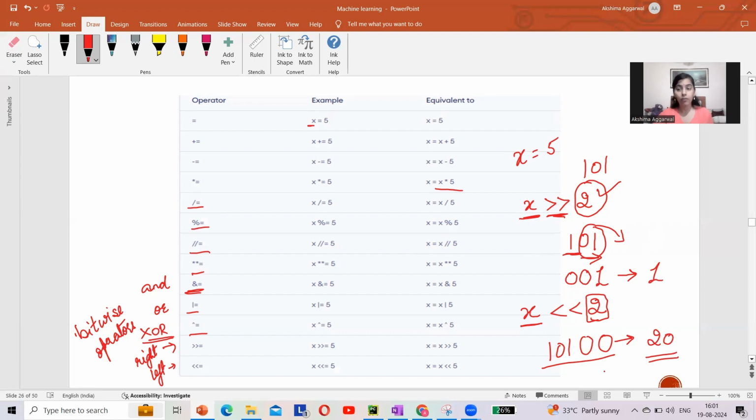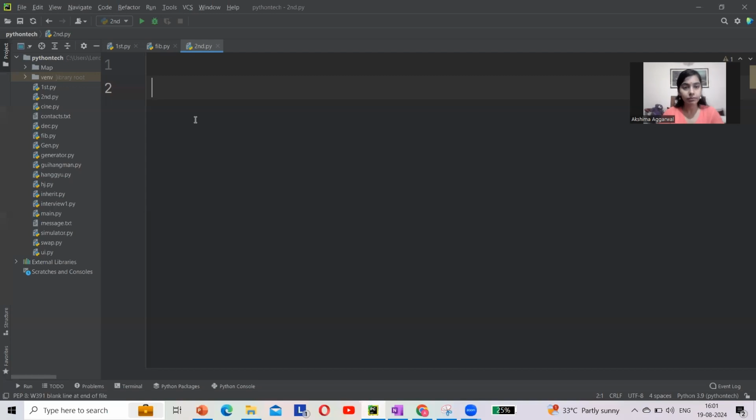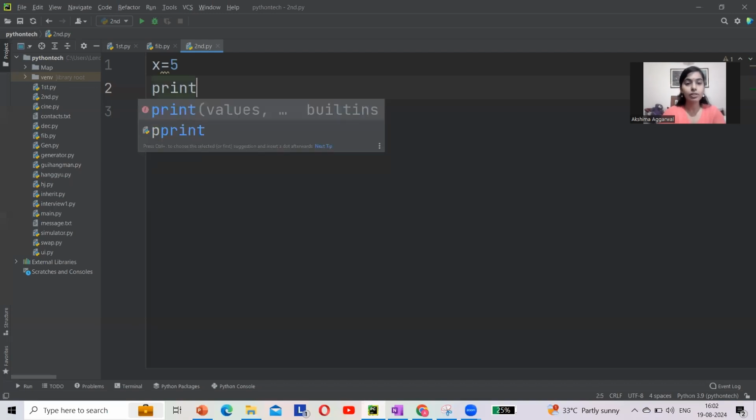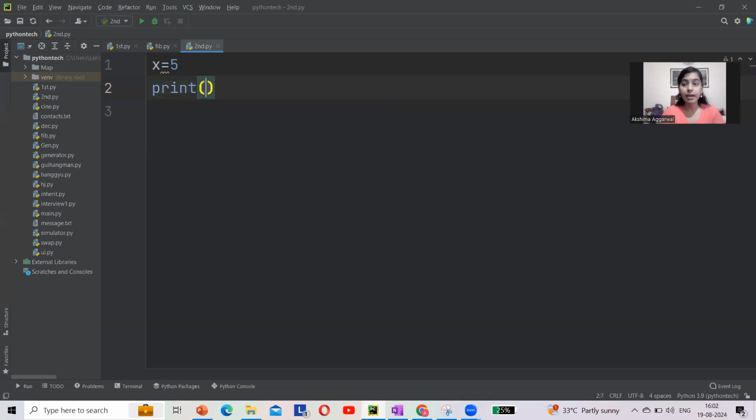Now, if you want to see the practical of these right shift and left shift operators, I will give you an example. For example, I have taken x equal to 5, right? I'm going to use the right shift bitwise operator, x >> 2.